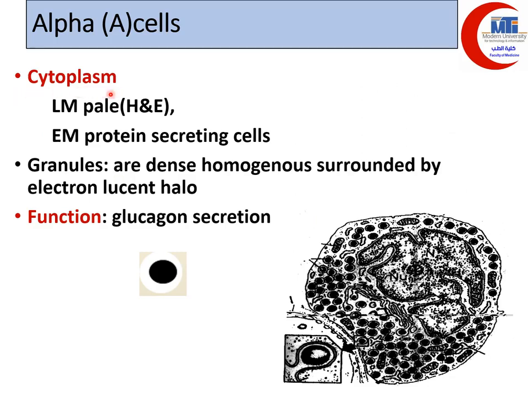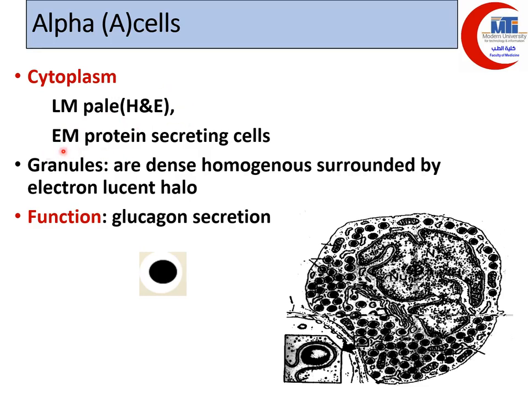Cytoplasm of alpha cells. As we mentioned before, all cells in islets of Langerhans appear as pale areas scattered between darkly stained pancreatic acini. So all cells of islets of Langerhans appear pale by light microscope, pale by hematoxylin and eosin.